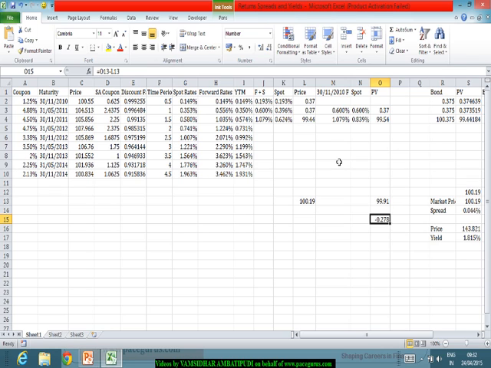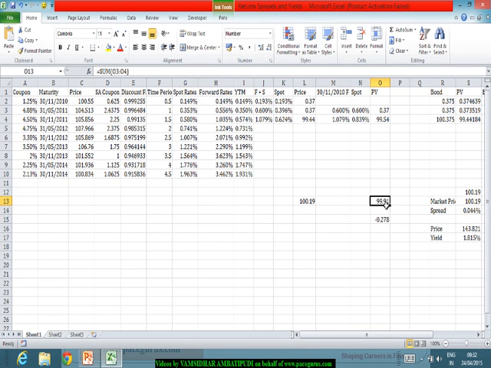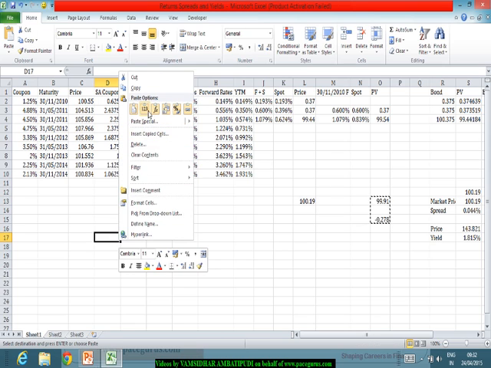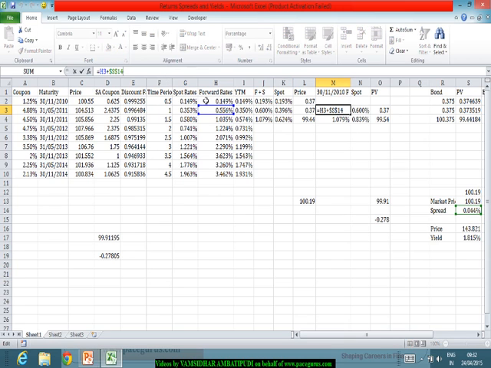But in reality, the term structure has fallen by 10 basis points across. Now let me keep an eye on these things separately rather than expanding the stuff again. Now what I'll do is change the term structure, decreasing it by 10 basis points.